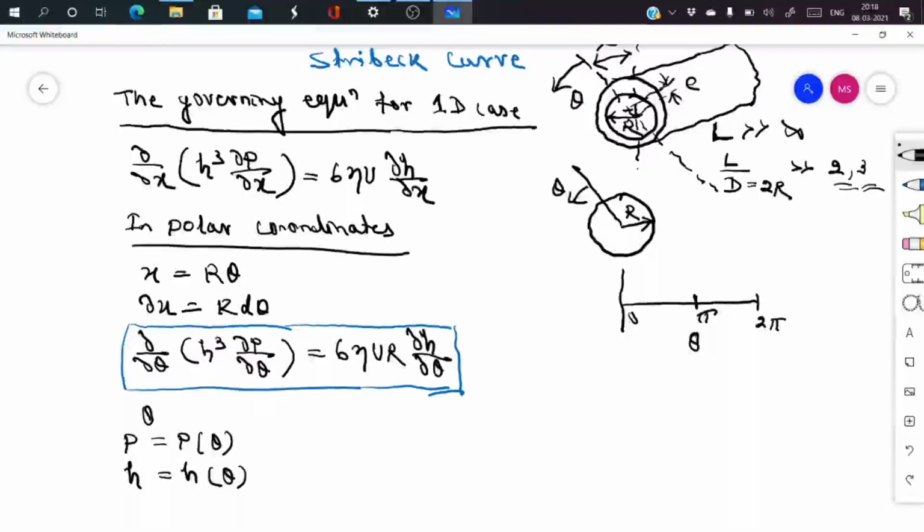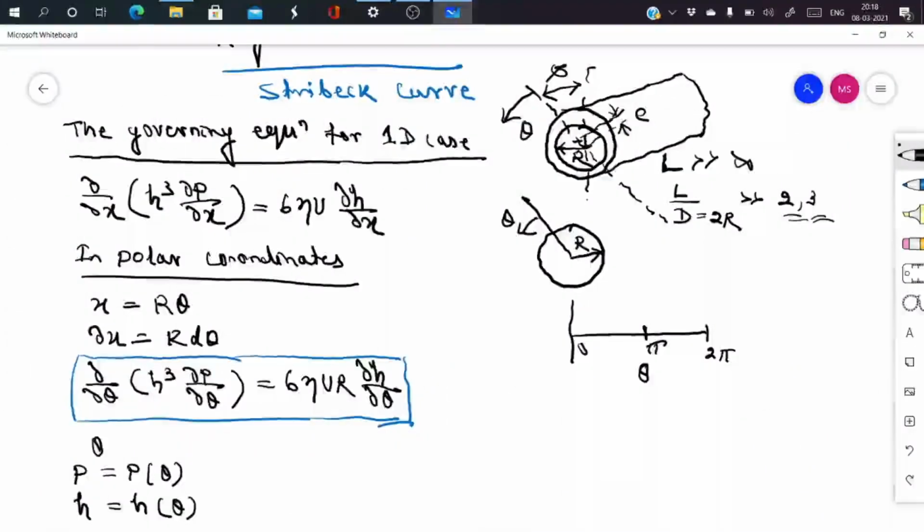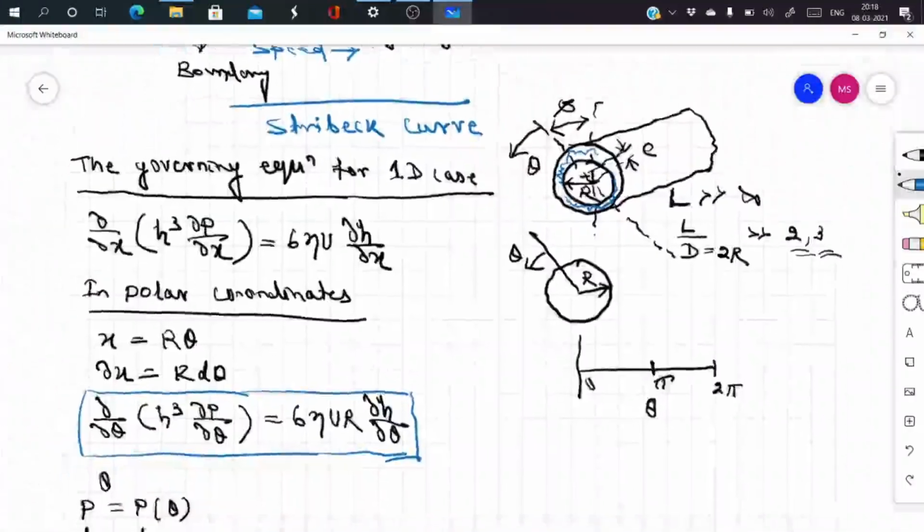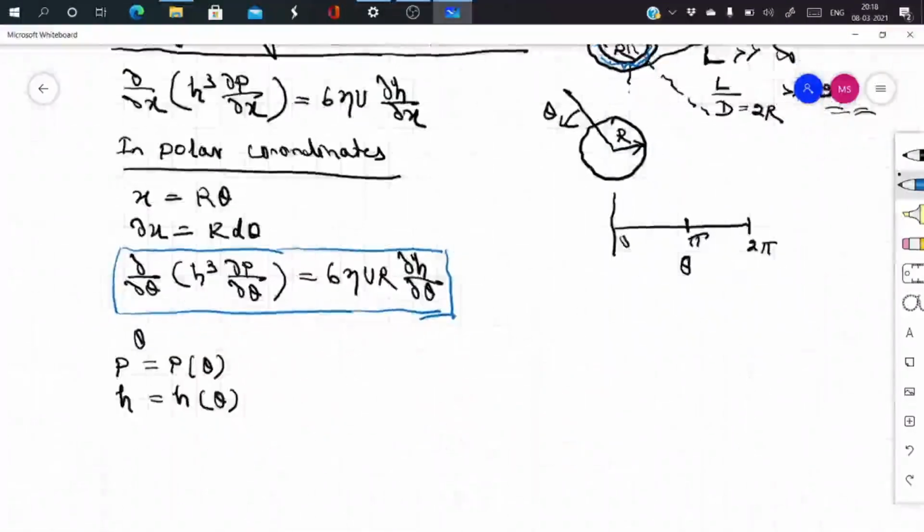So what is that film thickness? Film thickness is the gap maintained in this clearance with respect to theta. So first of all, in order to solve this problem, you have to find out what is this theta. Let us see how to find out this theta.